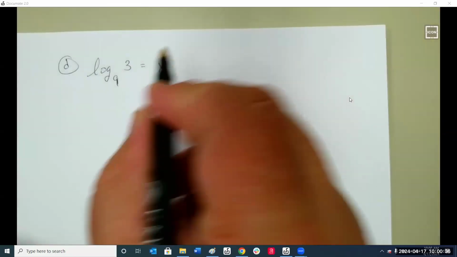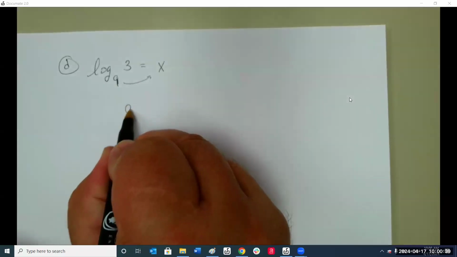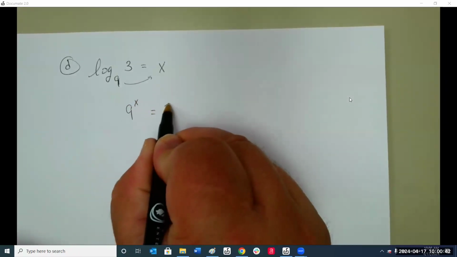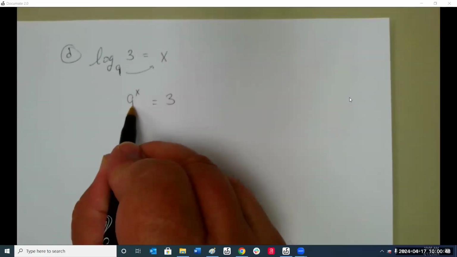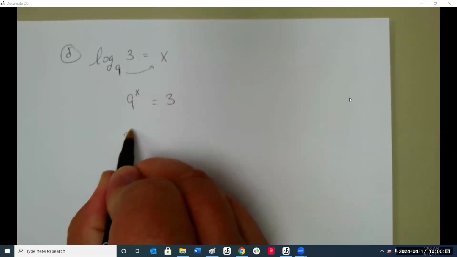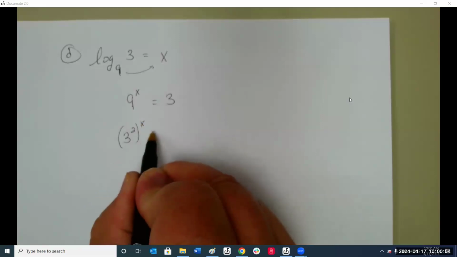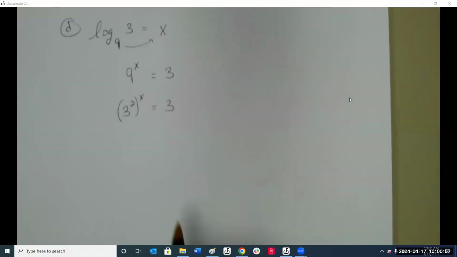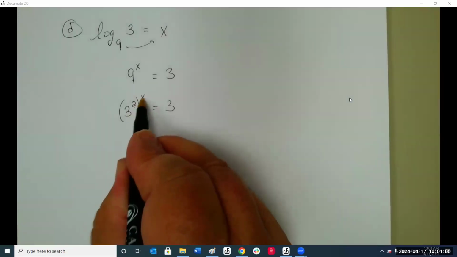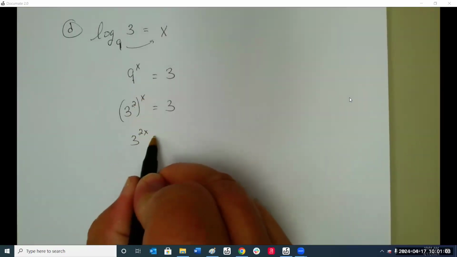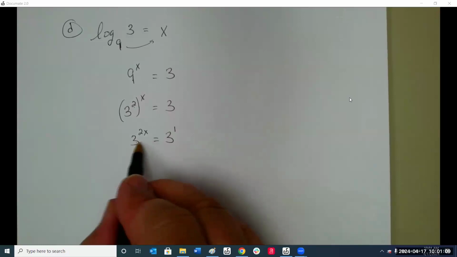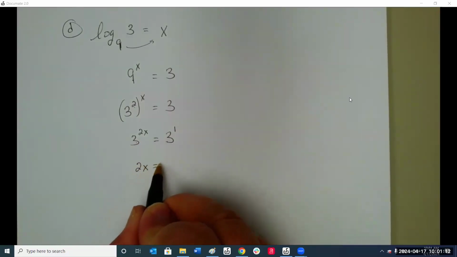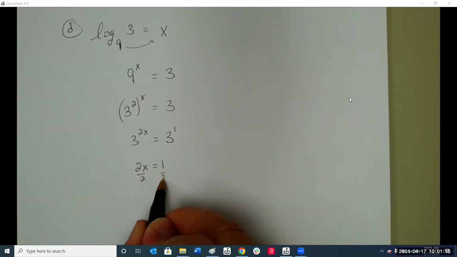We don't know what it equals. So we have 9 to the power x is equal to 3. We have to get common bases. So 9 is made up of what? So it's 3 squared. Power to a power, so you multiply, so 2x equals 3 to the power 1. Since the bases are the same, the exponents have to be equal. So x is equal to 1/2.